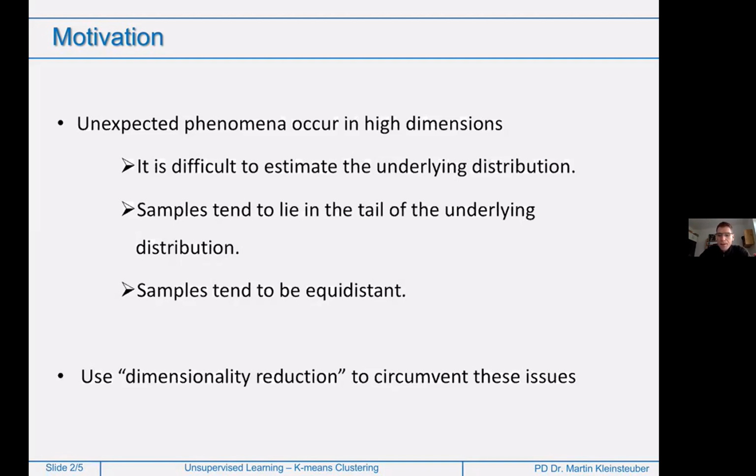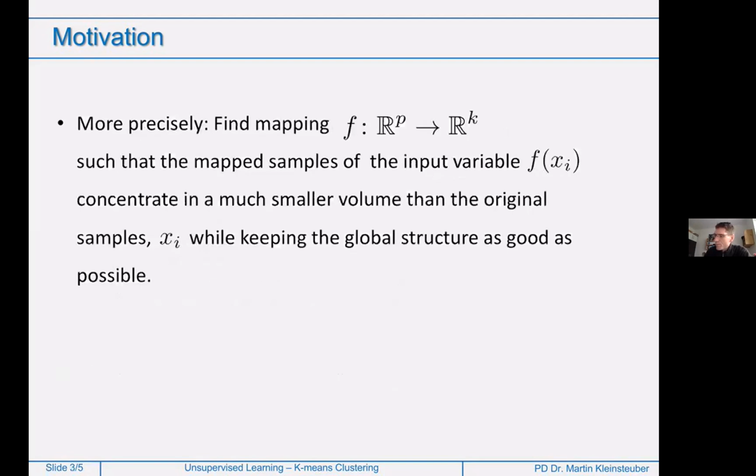If you want to be more precise, it's about finding a mapping from the input space to some other space, R^k, which I just take as the reals in this lecture, such that the mapped samples of the input variables concentrate in a much smaller volume than the original samples x_i, while keeping the global structure as well as possible. That is one of my attempts to make it graspable.